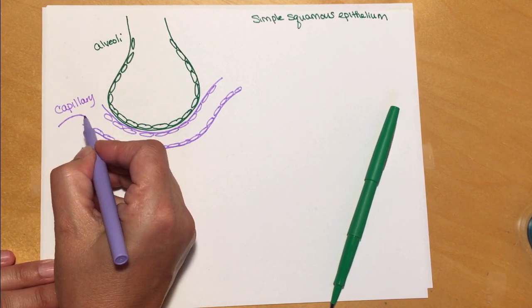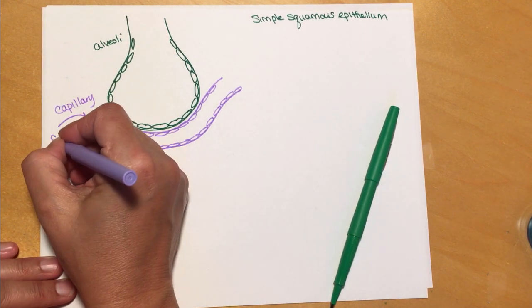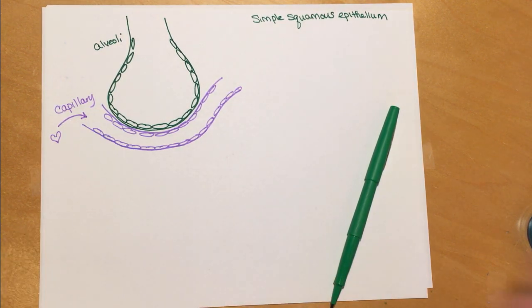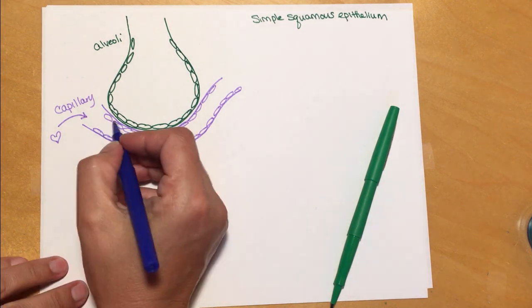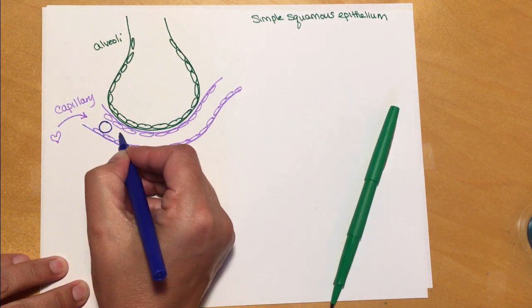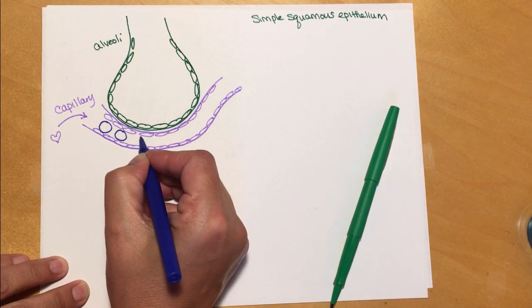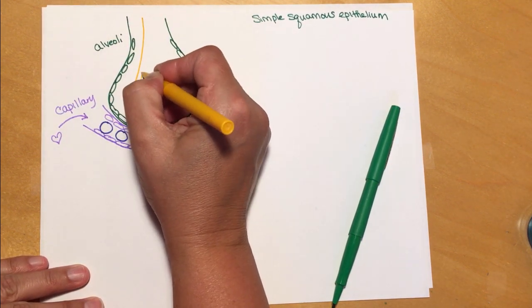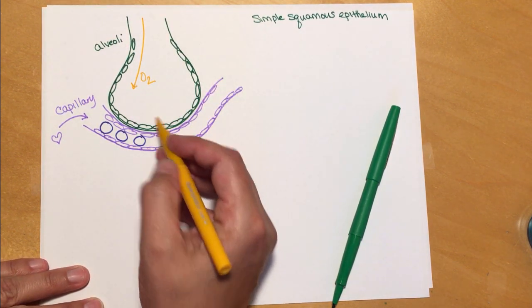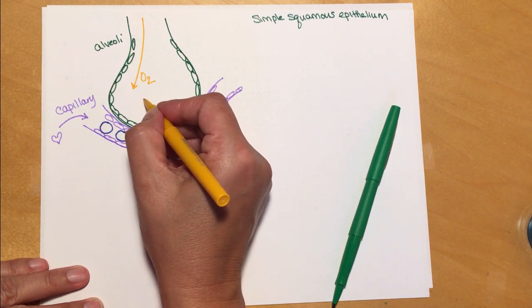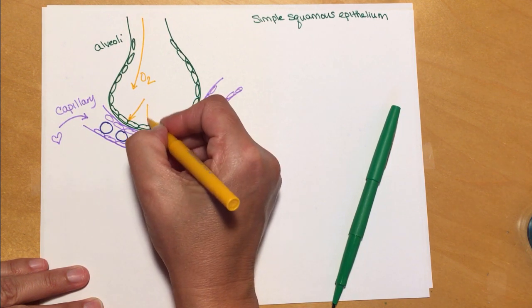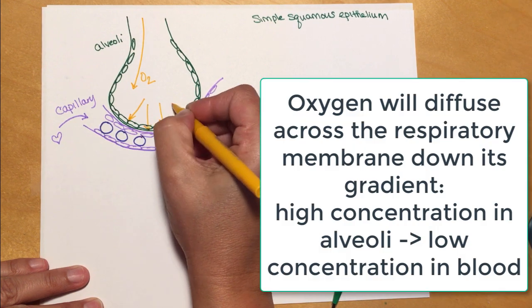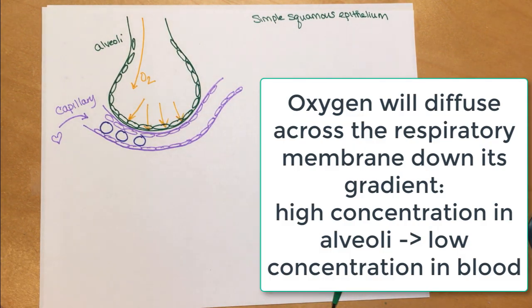Blood is coming in from the heart, and it's deoxygenated blood. So let's draw some red blood cells. They're blue because they don't have any oxygen yet. Oxygen is coming into the alveoli, and it's going to leave the alveoli and go into the capillaries.